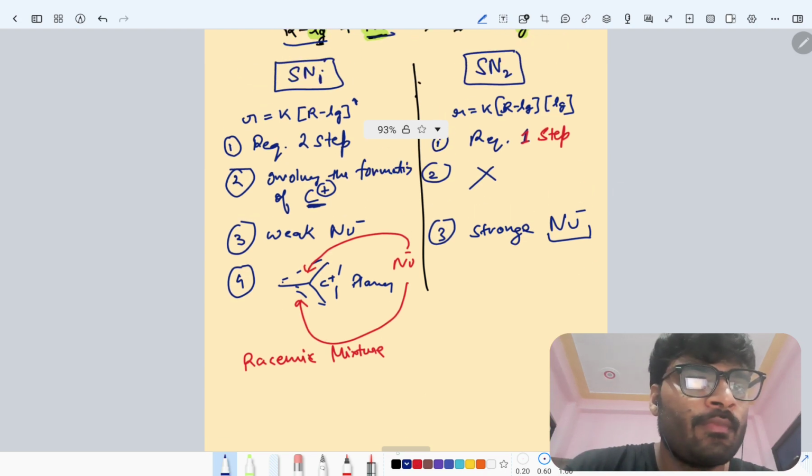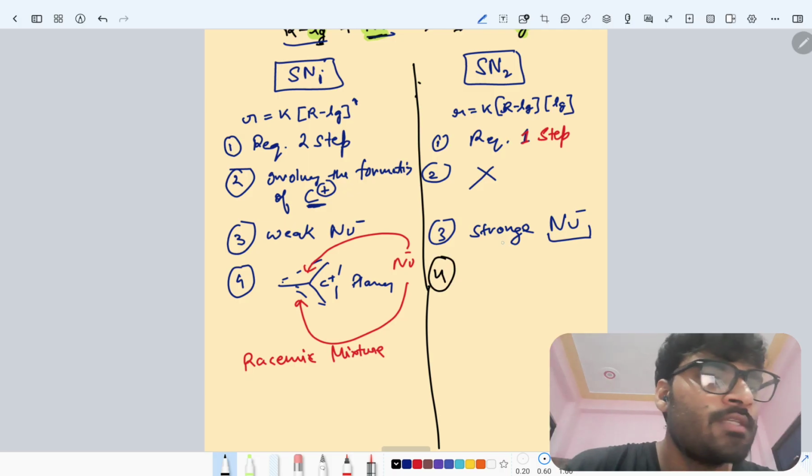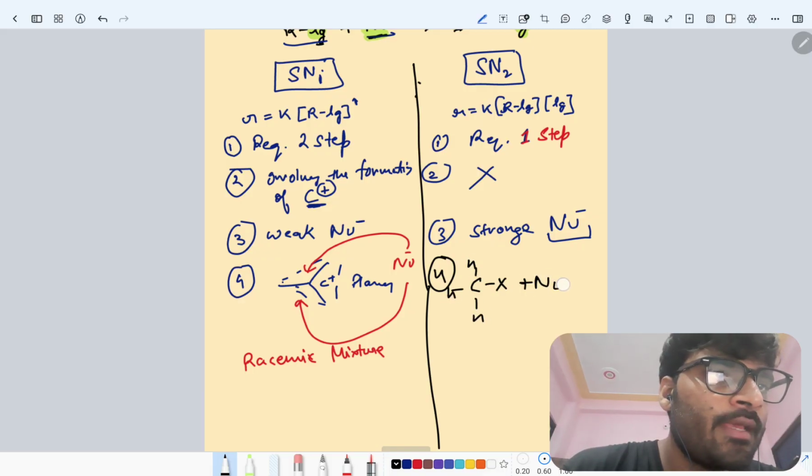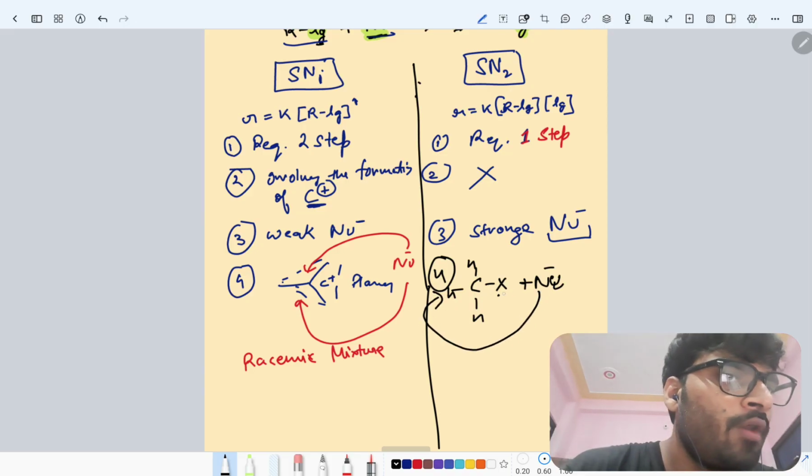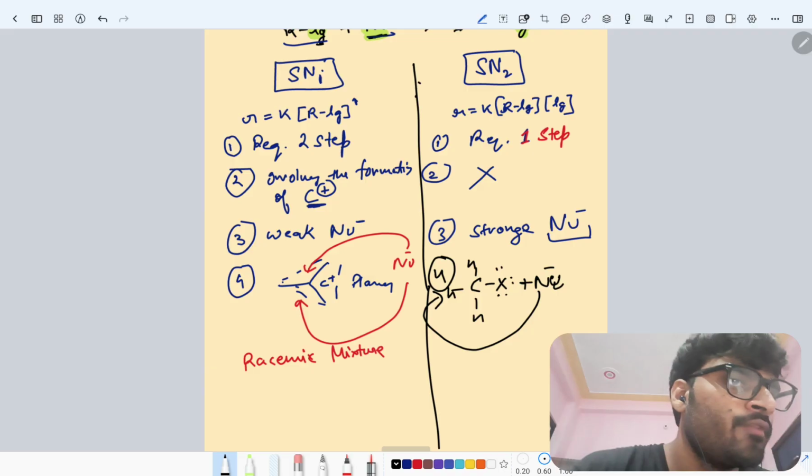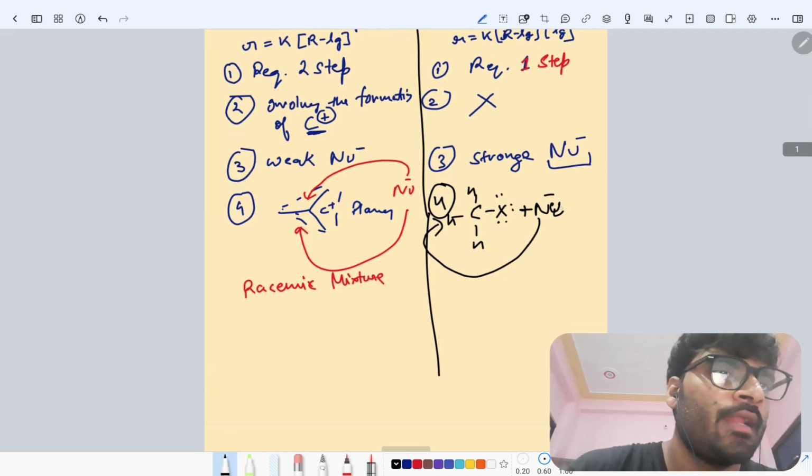While here in SN2 reaction, say for example I have a halogen attached to a carbon and a nucleophile is attacking here, this nucleophile is going to attack from behind, to avoid the interaction with the lone pair of this halogen. That's why it attacks from behind. So we get an inverted product.